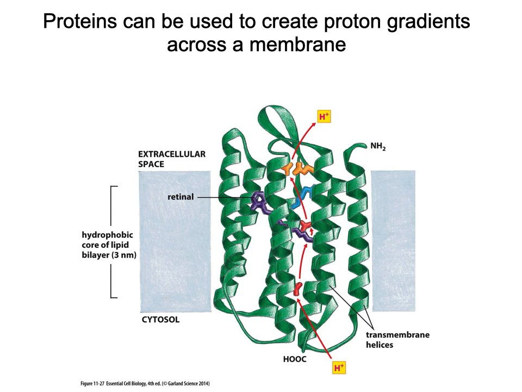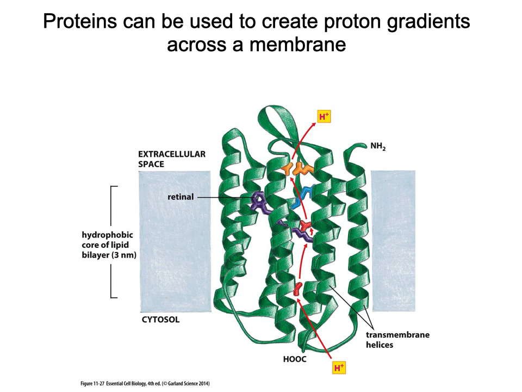So when we look at proteins that are on membranes, they can also be used to create protein gradients. This becomes really important when we're talking about the electron transport system or electron transport chain. Electron transport system is the term that's used for prokaryotic cells because this process happens on the cell membrane, on the plasma membrane.